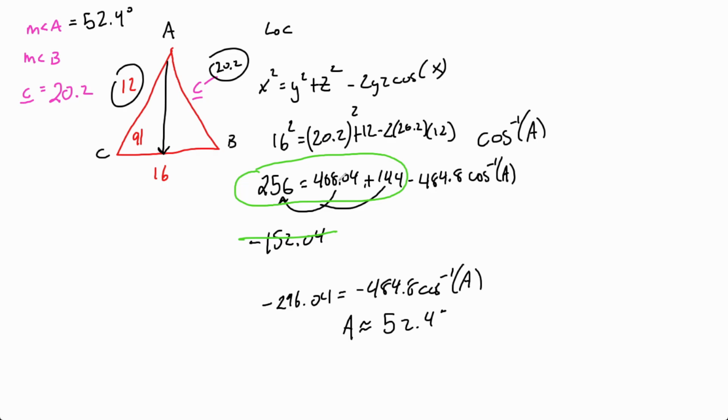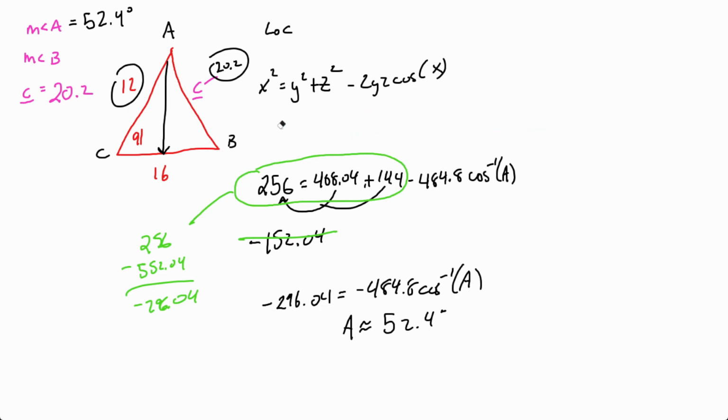I should have added 408.04 plus 144, giving me 552.04, and then 256 minus 552.04, leaving me with negative 296.04. So we are good to go. So this is approximately 52.4 degrees. And we can now move on to find the measure of angle B.